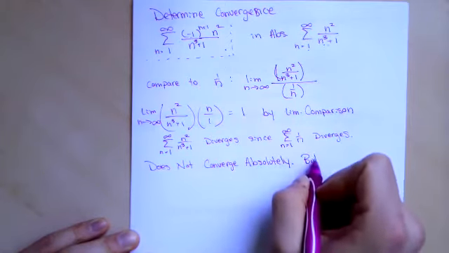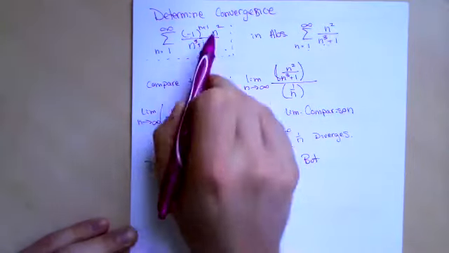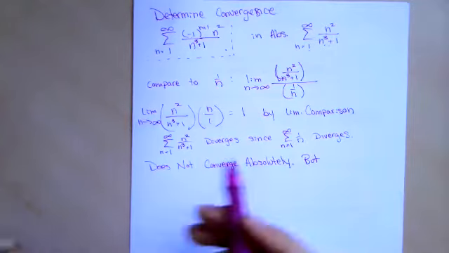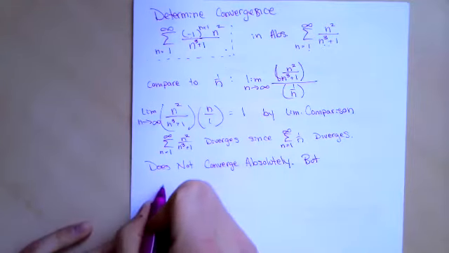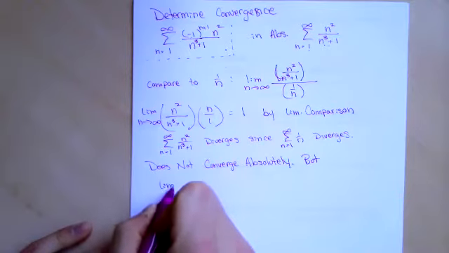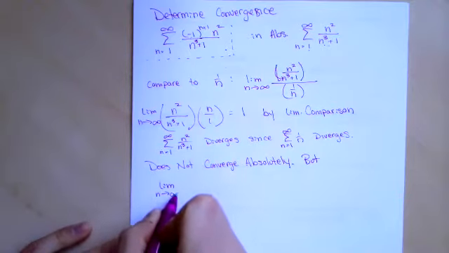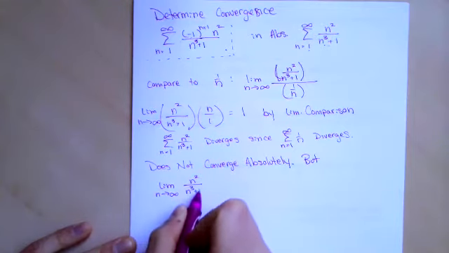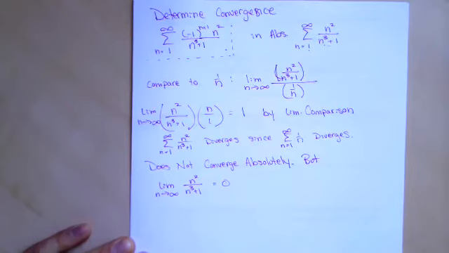But, well, now let's actually pay attention to the alternating series test. So one thing we do know is that the limit of the individual terms, ignoring the alternating test, they still go to 0, so it passes the divergence test.